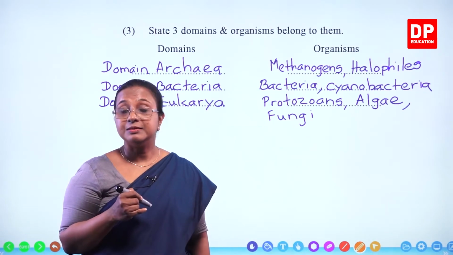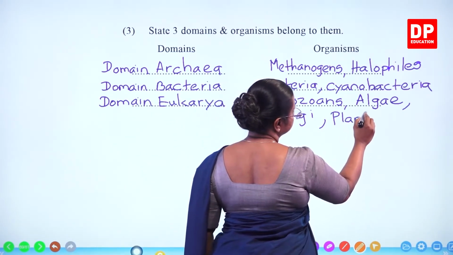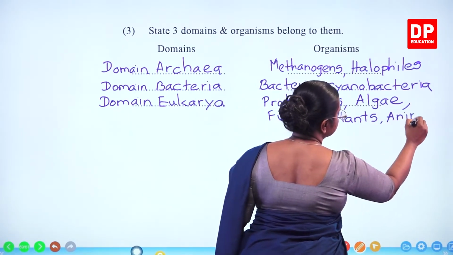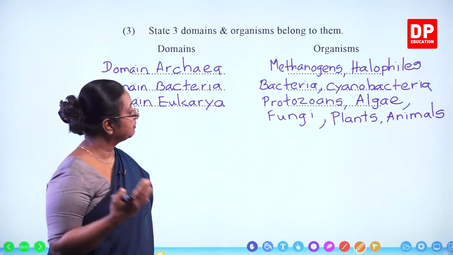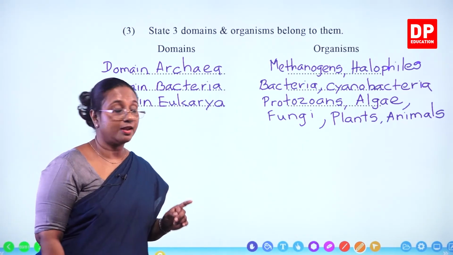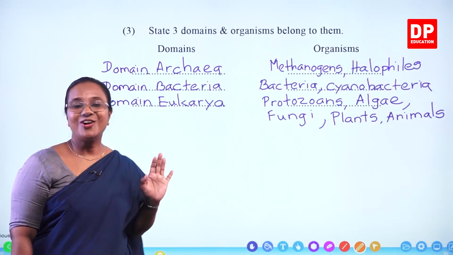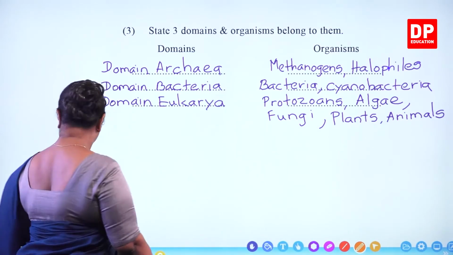Then under kingdom Plantae, we have all the plants. And under kingdom Animalia, we have all the animals. So protozoans, algae, fungi, plants and animals, all of them belong to domain Eukarya. So we have written the 3 domains and the organisms that belong to them. So I am sure students, you all also wrote this correctly. So with that, I will move on to the next question.